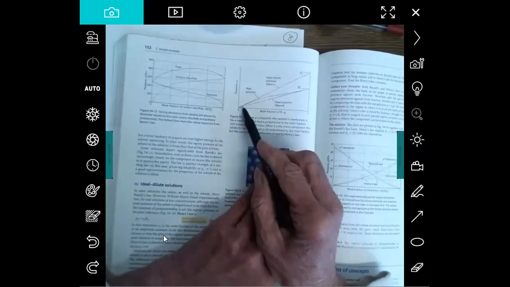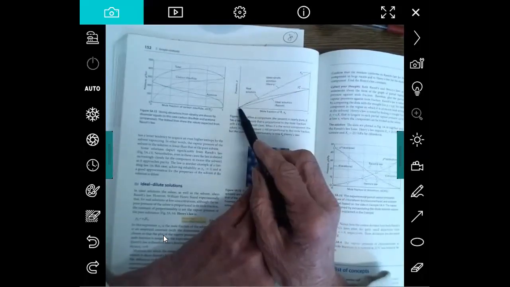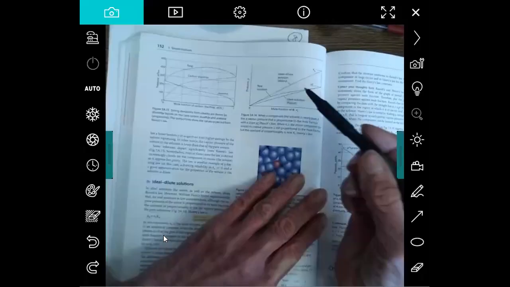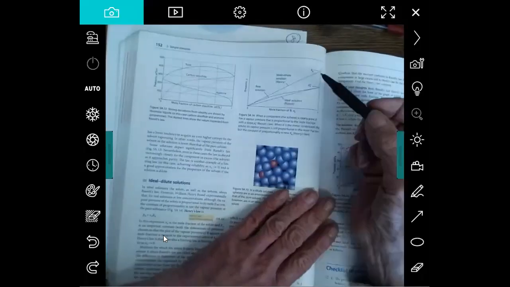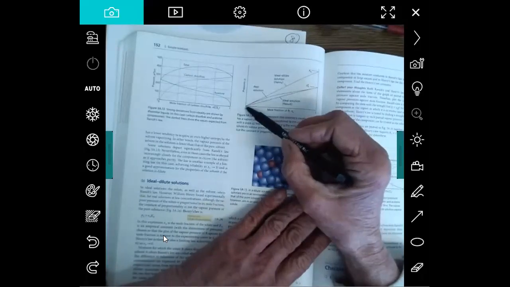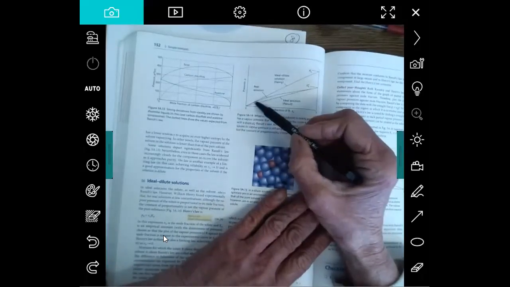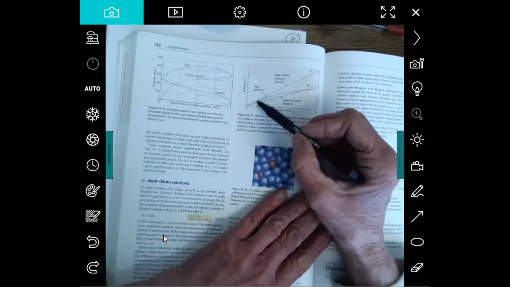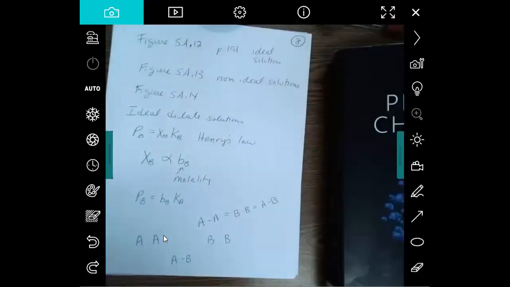When you get over on the other side where B is in a very small concentration, it's going to deviate a lot from Raoult's law, because each B molecule is pretty much surrounded by A. The interactions have changed a lot from over here where it's B-B interactions. So it'll be linear, but the proportionality constant won't be the vapor pressure of pure B any longer. That's called an ideal dilute solution.